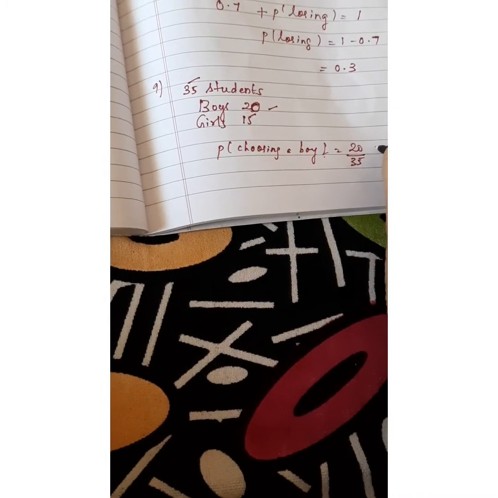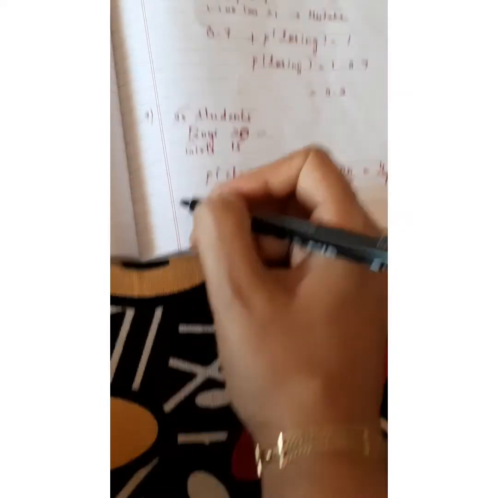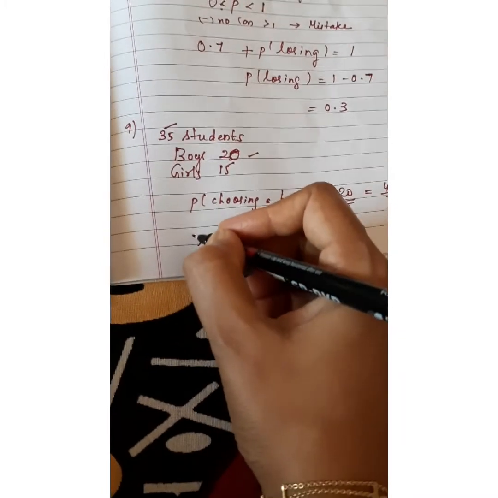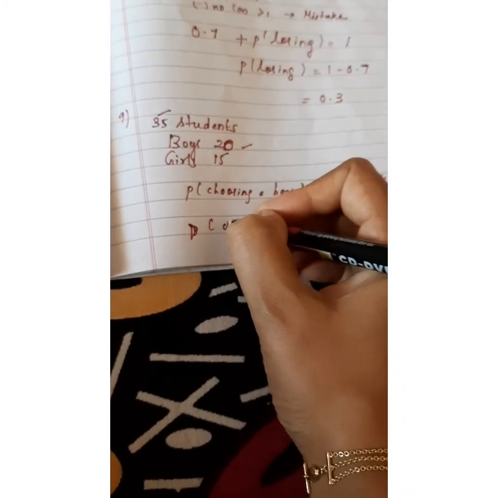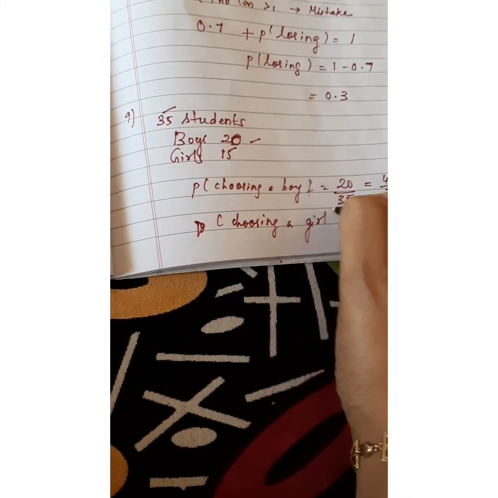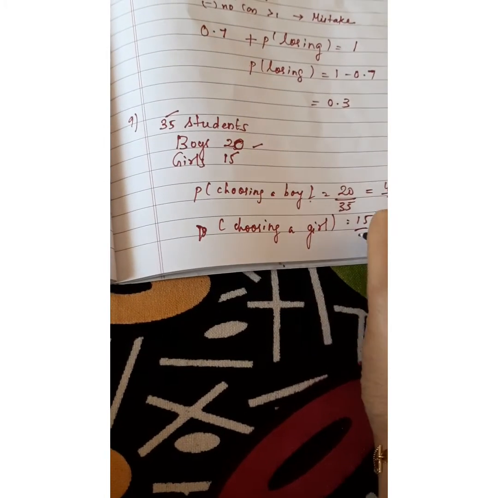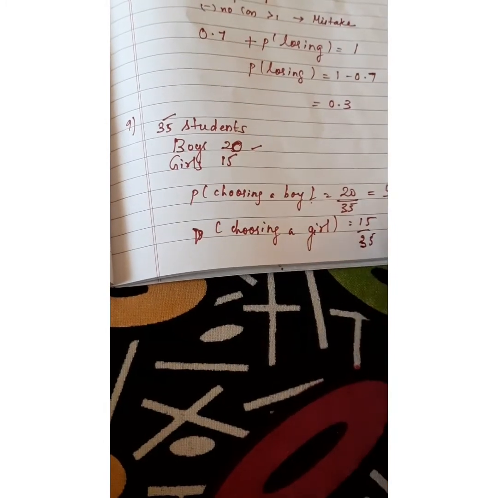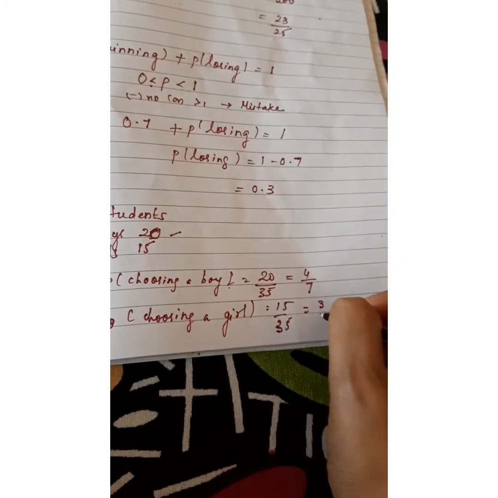So that's going to be 4 by 7. Probability of choosing girls equal to 15 by total of 35. So that's going to be 3 by 7.